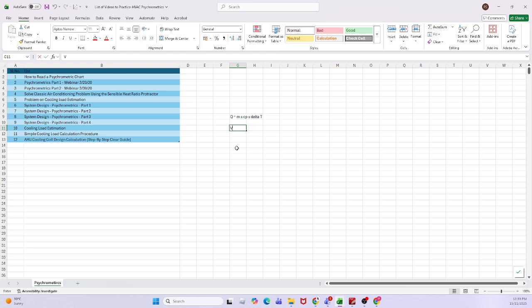It is nothing but volumetric flow rate times density, correct? So what is the unit of volumetric flow rate? Density? Specific volume? Specific heat? Delta T? Then when you apply everything, you will get Q in one unit. So we are also going to study the units.